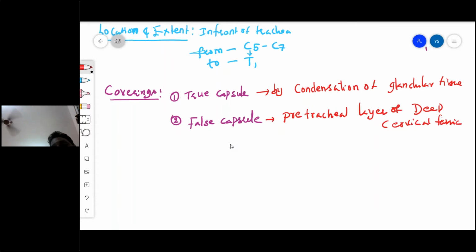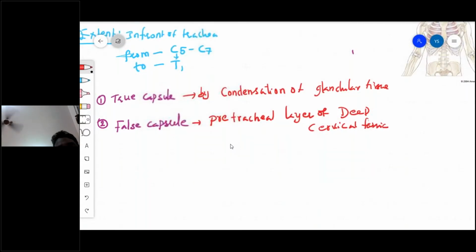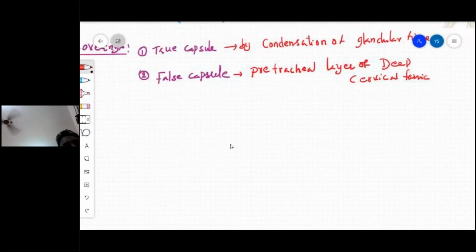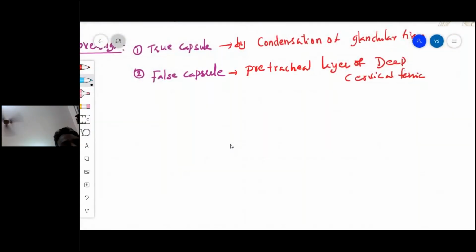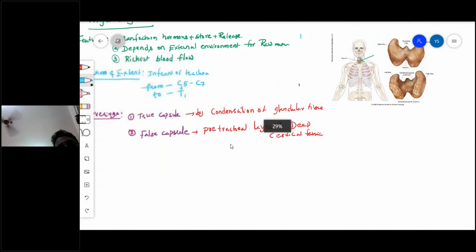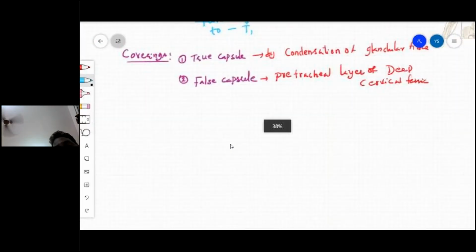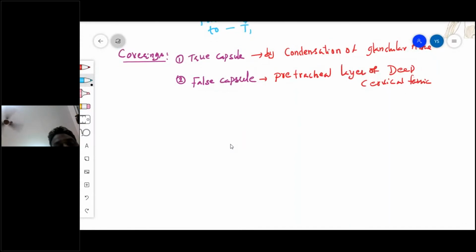Then one more thing here, very, very important. Between the true capsule and false capsule, we can see some very important contents.